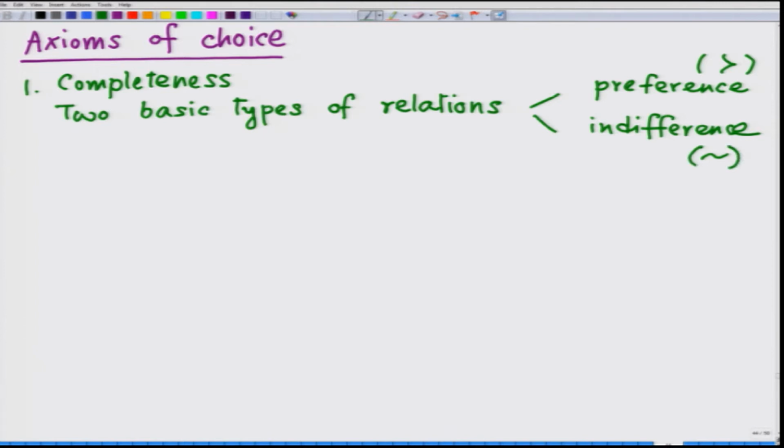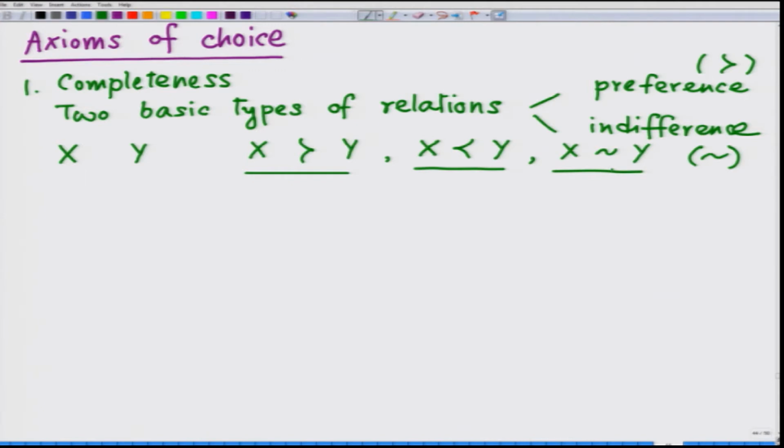Now, using these two symbols, we can say that suppose we have two different consumption bundles X and Y. If I write X is preferred over Y, I can similarly also write X is less preferred than Y, or I can also write X is indifferent to Y.